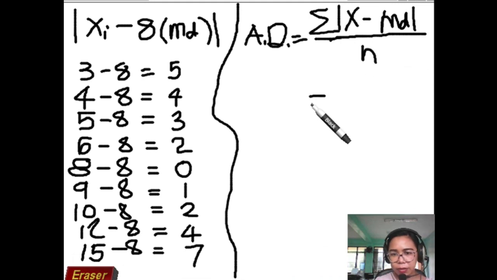So we will add this column here. So we have here 9, then we have 5, so we have 14, 15, 16, 17, 18, 19, 20, 21, plus 7, so we have 28.